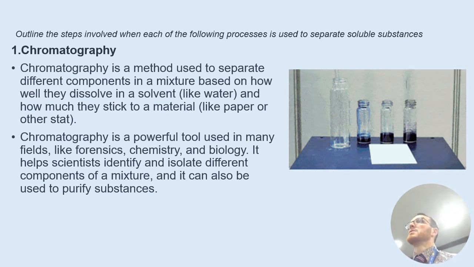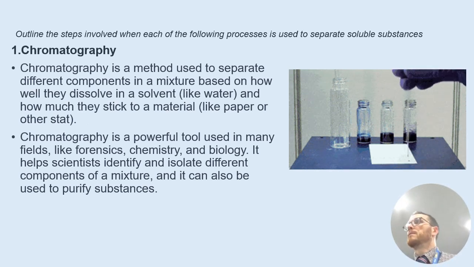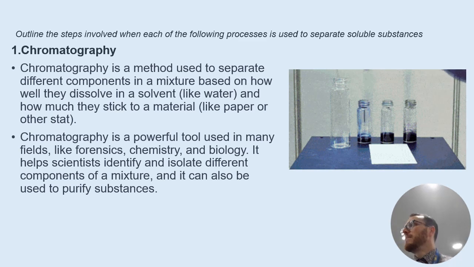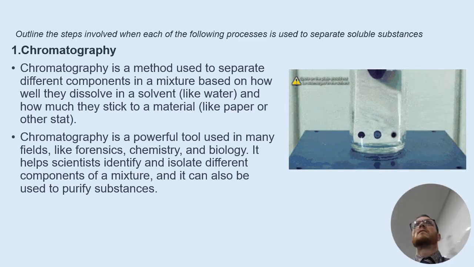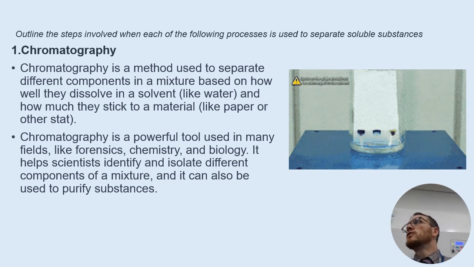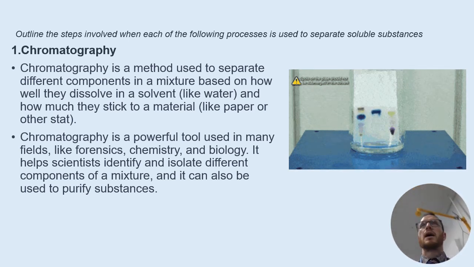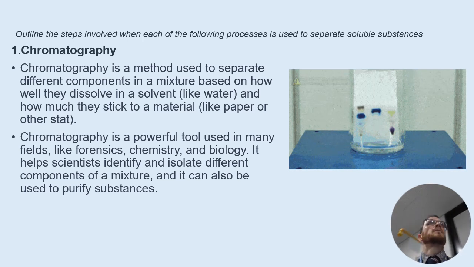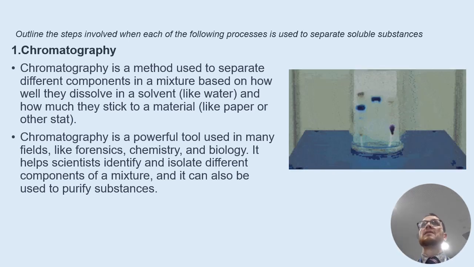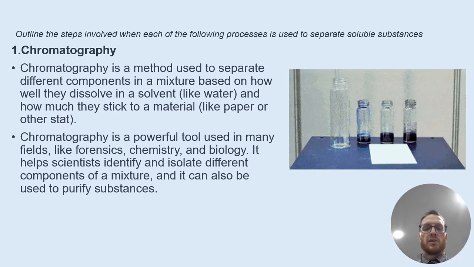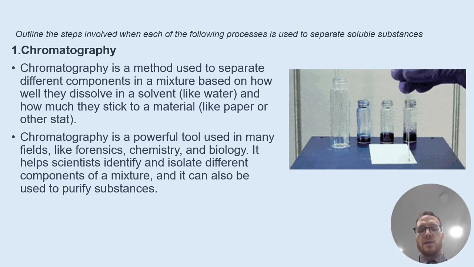Let's go through this. Chromatography. Chroma means color. Graphos means, it's not quite measure, but it's relating to color. Now, some chromatography deals with colorless solutions, but often chromatography deals with colored solutions.